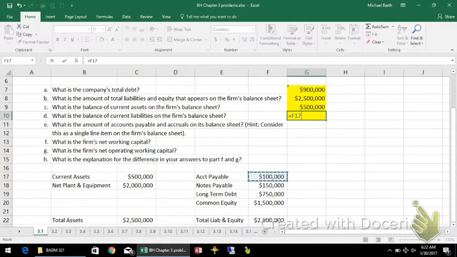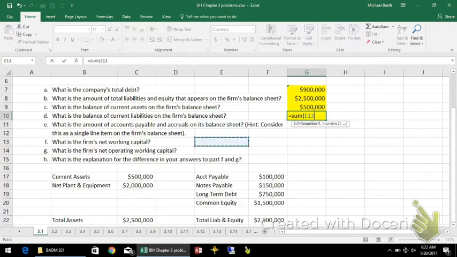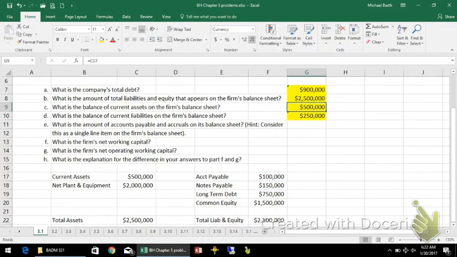So accounts payable and notes payable are the current liabilities, and accounts payable are $100,000.